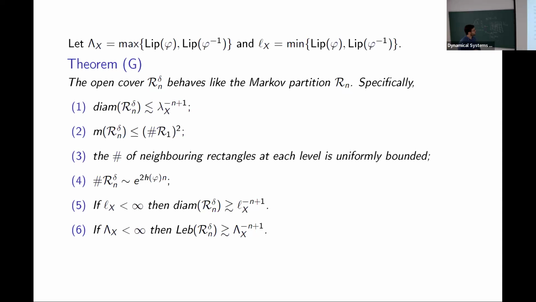That's easy. You do this enlargement in a way that you do not destroy the multiplicity of the covers, so it's like the actual Markov partitions. The number of neighboring rectangles at each level is again uniformly bounded. The cardinality is of that order, controlled by the entropy. And now, it's not necessary for 1, 2, 3, and 4 to have Lipschitz dynamics, but if you also assume some Lipschitz dynamics, either phi or phi inverse Lipschitz or both, then you can also control the diameter of the covers from below.